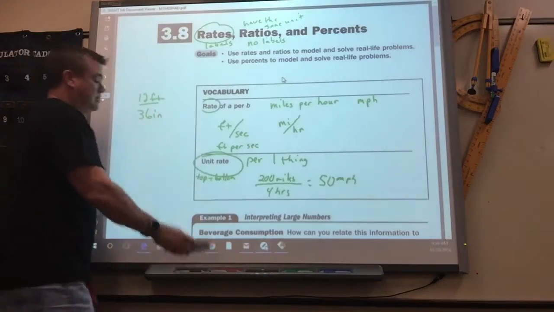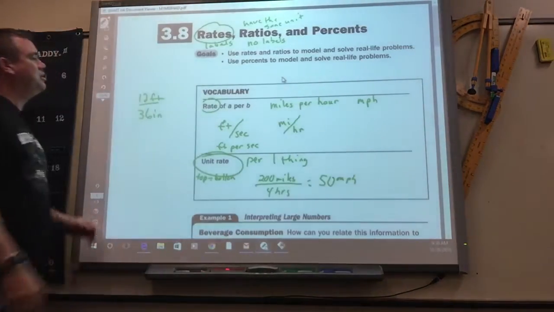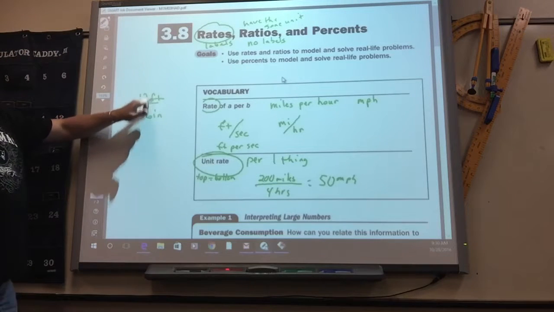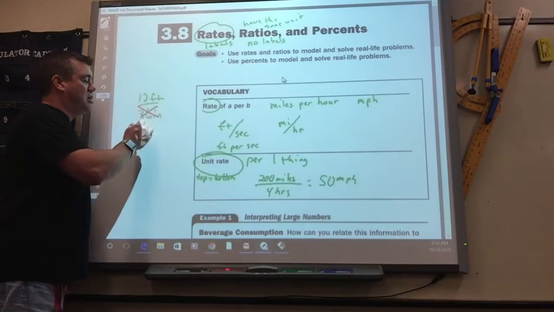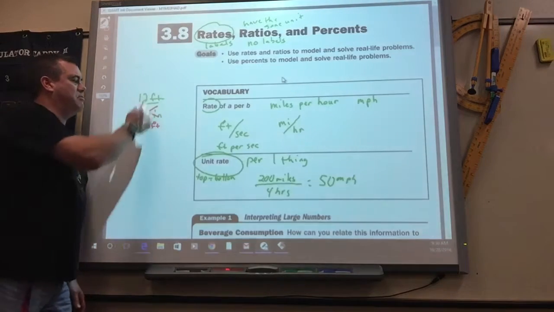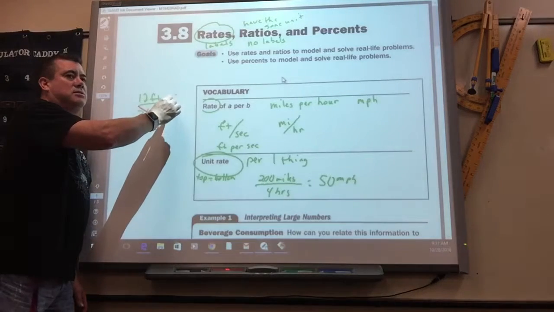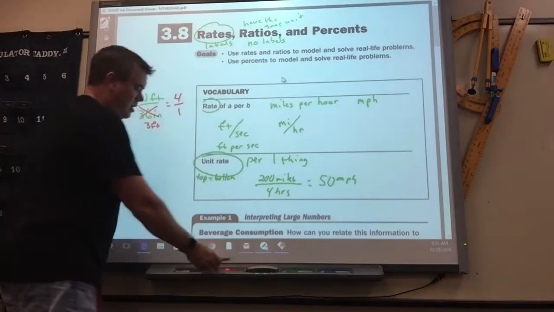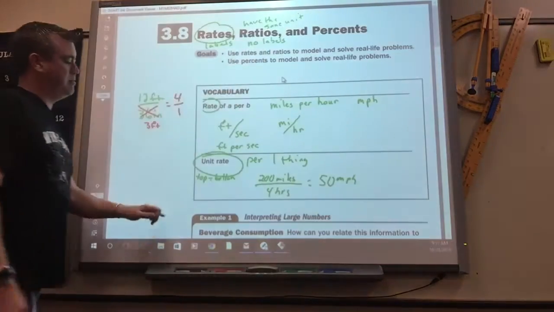You don't have the same unit. So what you got to do is either convert this into inches or this into feet. This one is easy to figure out. It's 3 feet. After you do that, then you can simplify it. 12 over 3 is 4 to 1. Okay? So on the ratios, that's really the only tricky part there.